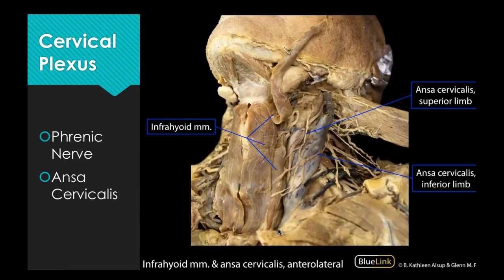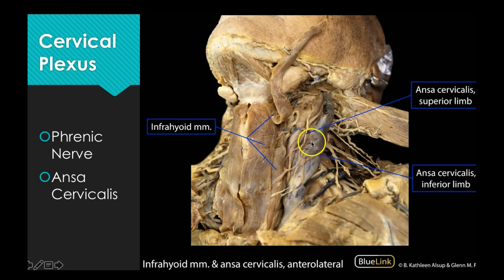Next we have your ansa cervicalis. The ansa cervicalis is a loop of nerves that are, of course, a part of our cervical plexus. And the region that you would search this nerve for is going to be anterior to your common carotid artery and your internal jugular vein.